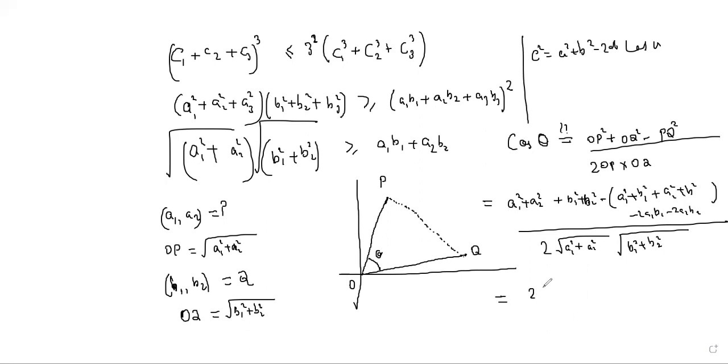So finally, we will be left with a very curious expression, a1 b1 plus a2 b2. That's a curious expression, right? a1 b1 plus a2 b2, which also appears in the inequality. Okay, so that's a good thing.